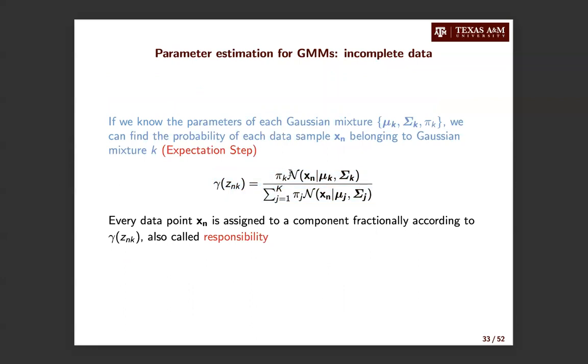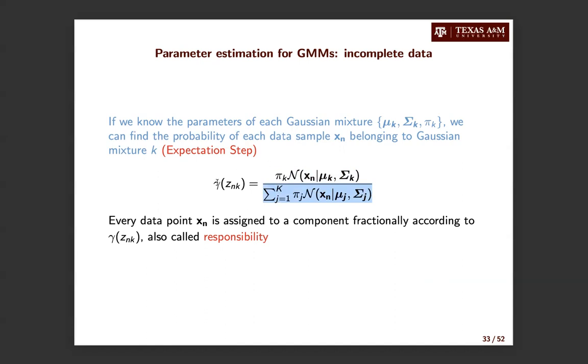The way to do this is essentially to see what is the probability of sample Xn belonging to its mixture K with mean mu K and covariance sigma K. This probability, which is the probability of the multivariate Gaussian distribution, is also multiplied by the corresponding prior pi K. And again, this denominator here is for normalizing these probabilities.